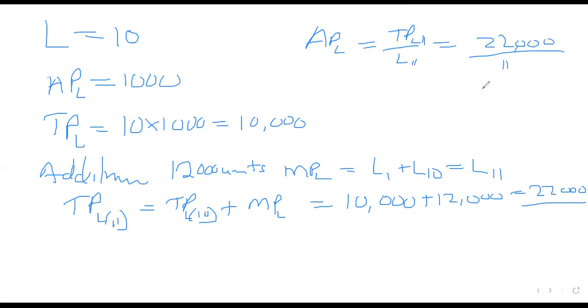So when you divide 11 into 22, what do we get? 2,000. So when this new laborer comes in, he will increase our average product to 2,000. This is for the 11 people. Are we together so far?